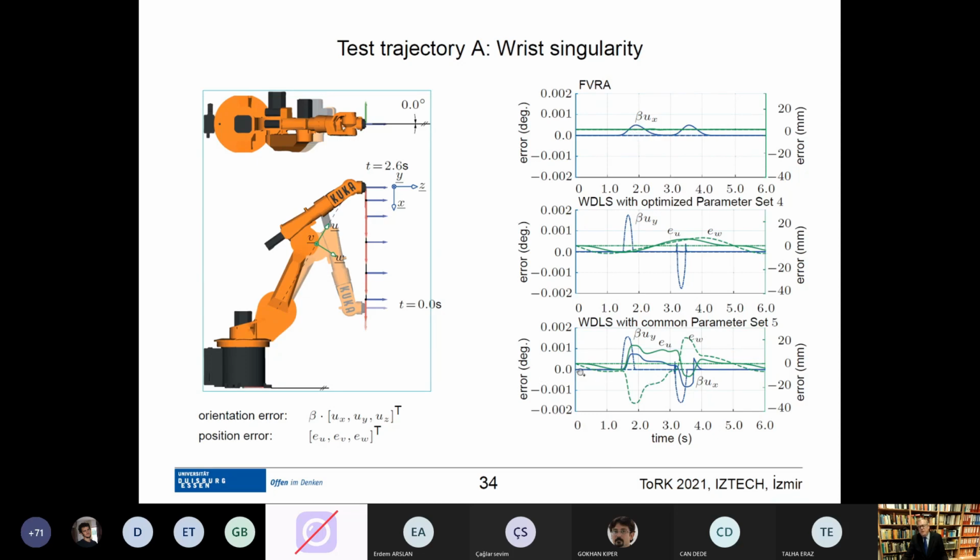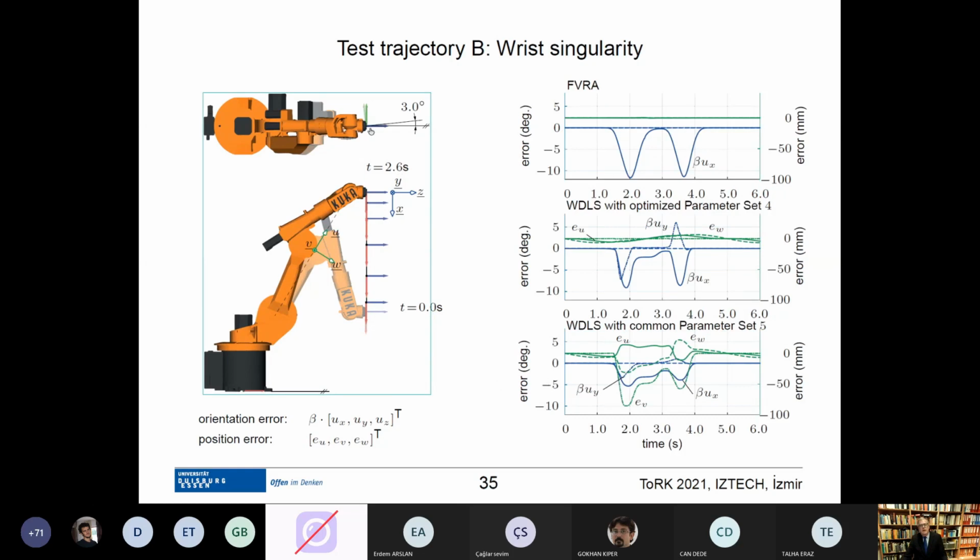While if one uses this weighted damped least squares method, the deflections become larger, and you also spread these deflections onto all other directions of the end effector, because due to this damping the whole end effector starts shaking.